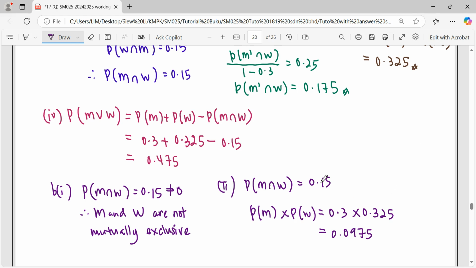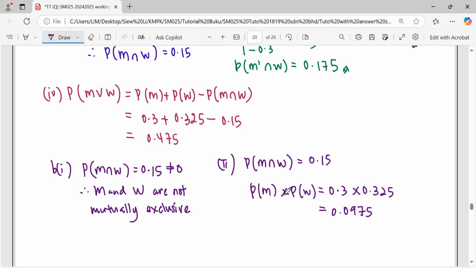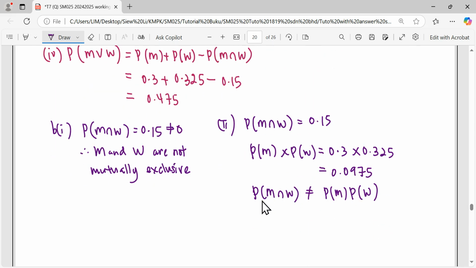Their multiplication is not equal to the intersection probability. Therefore, M and W are not independent, or we call it dependent.